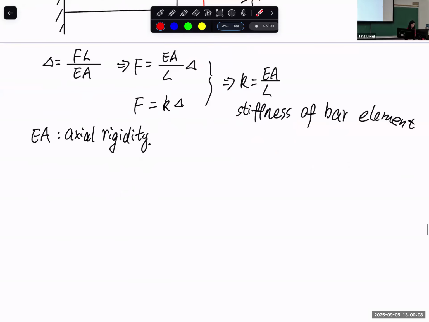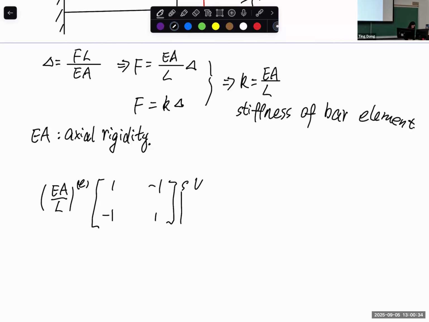Since we know it's the same, we can write the element matrix equation for a single bar element as EA over L, where I use superscript E to represent that specific element. And this 2 by 2 matrix for our 1D bar element is still 1, negative 1, negative 1, 1.